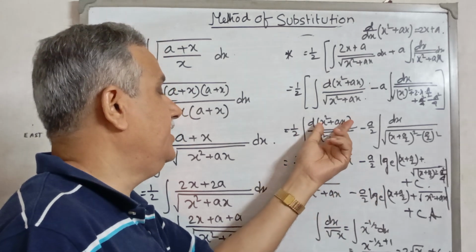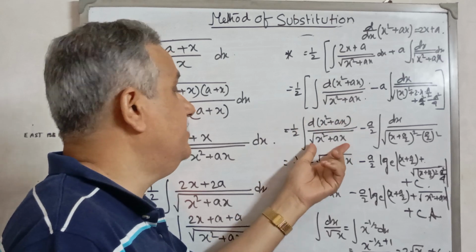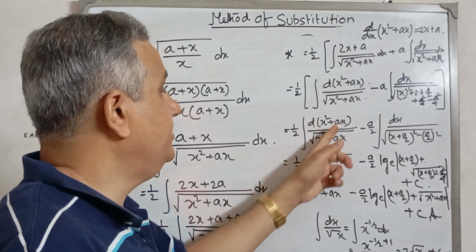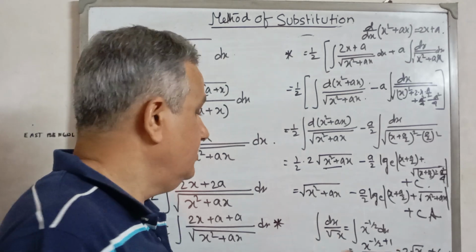If we consider x square plus ax as y, so dy by root y. So dy by root y is 2 root y.